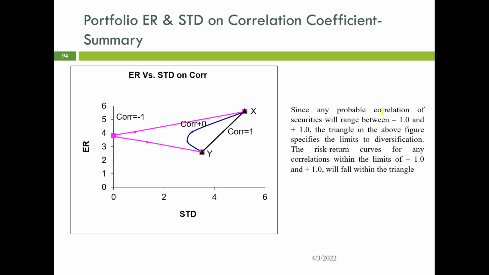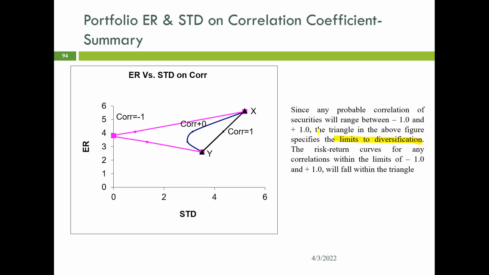Since any probable correlation of securities will range from -1 to +1, the triangle in the above figure specifies the limits of diversification. So this is around when the correlation coefficient is 1. This is where correlation coefficient is 0. This is when correlation coefficient is negative. The risk-return curves for any correlations within the limits of -1 to +1 will fall within this triangle.